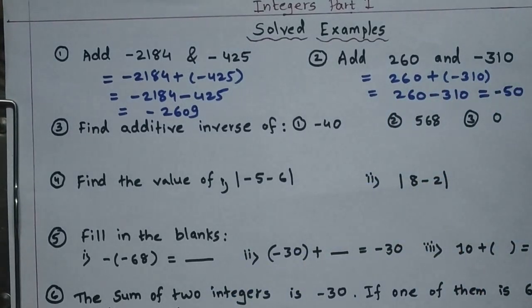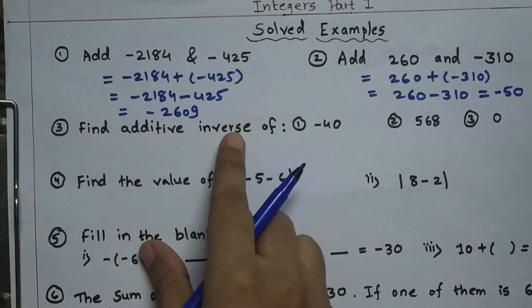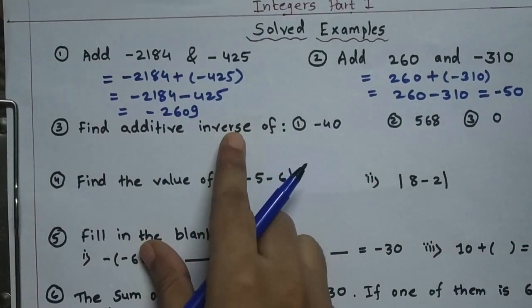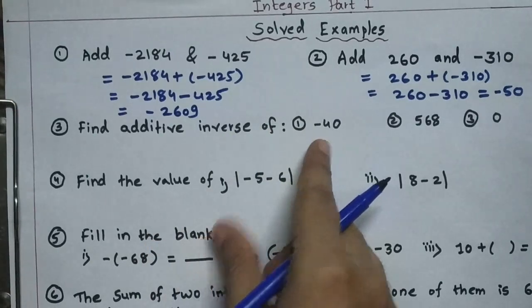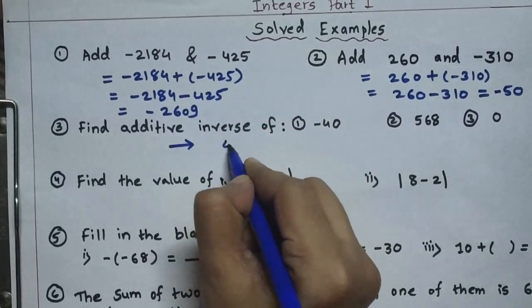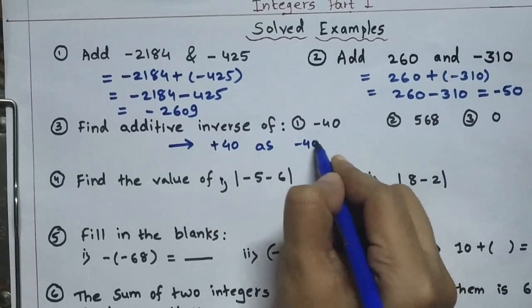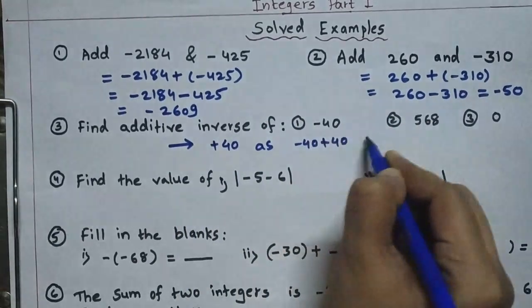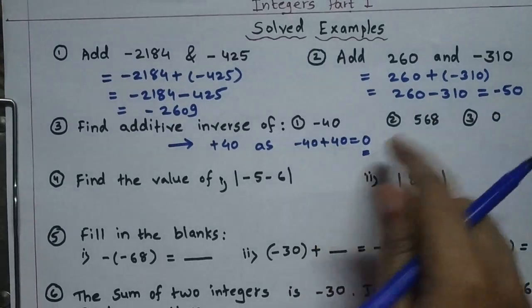Now moving to the next, we have the additive inverse property of integers. Additive inverse is nothing but the negative of the integer. As we know, here is minus 40, so what is its additive inverse? Yes, its additive inverse will be plus 40. Why? Because when you add minus 40 with plus 40, you get the additive identity, that is 0.